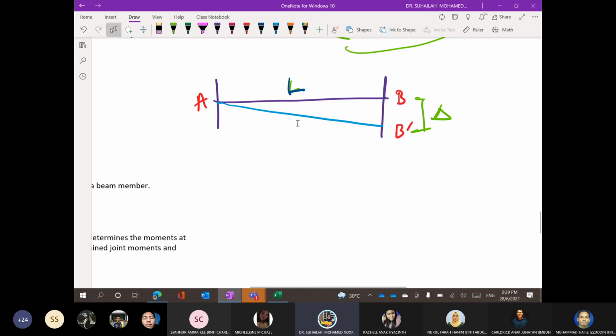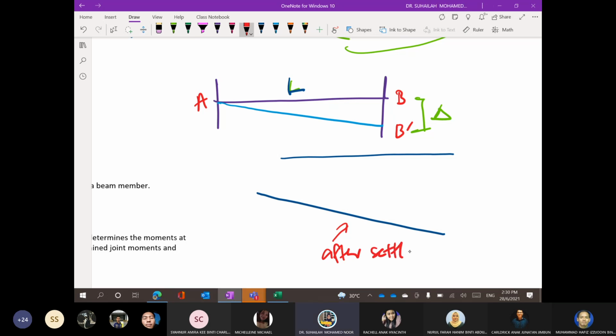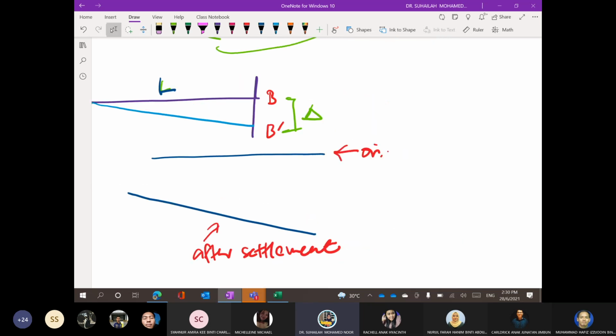It means that whenever there is movement from the original position to a new position, the inclined one after settlement, the original is horizontal, because a beam is always a horizontal member.